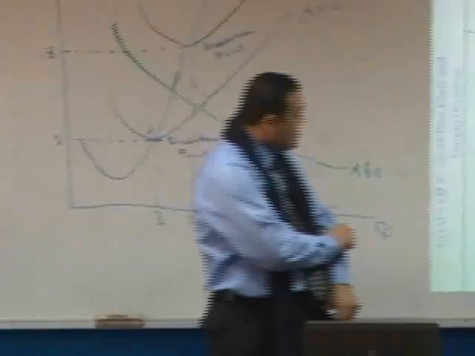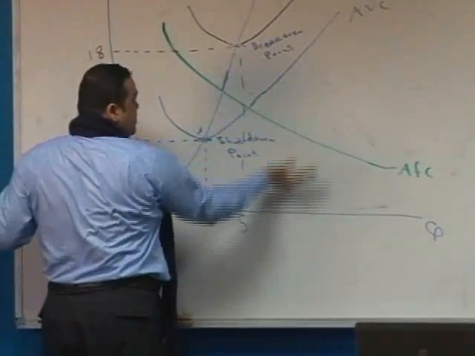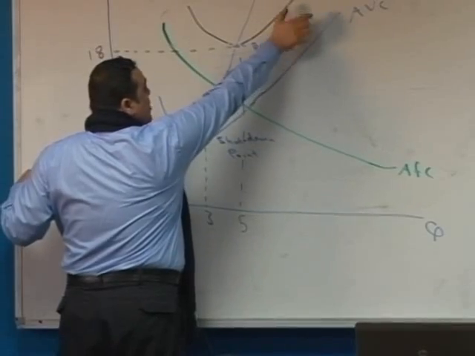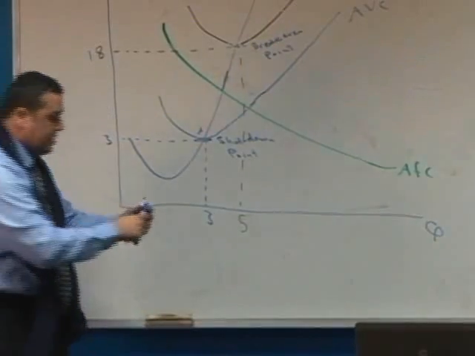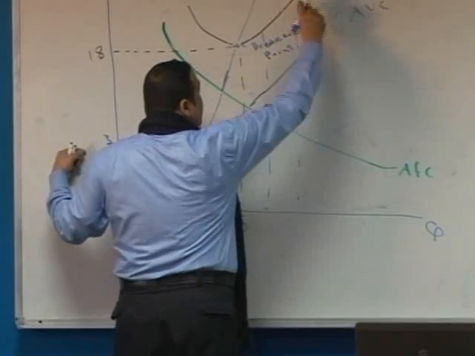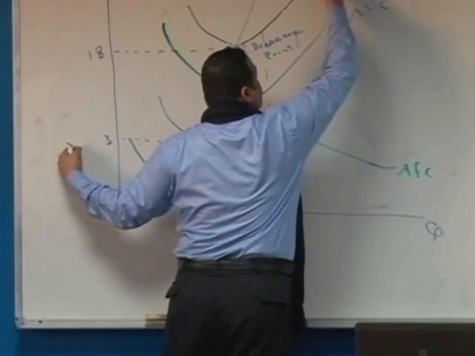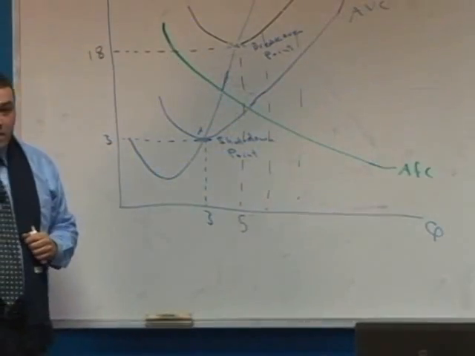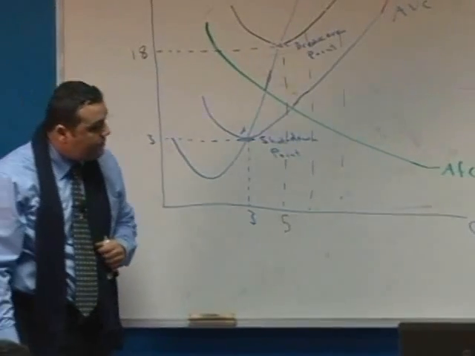And when the production increased, as you see, the ATC will close to AVC, but they never touch. As the quantity produced increases, the distance between ATC and AVC closes, but ATC and AVC never touch, right? Okay.